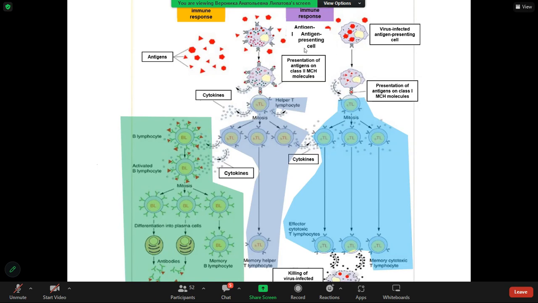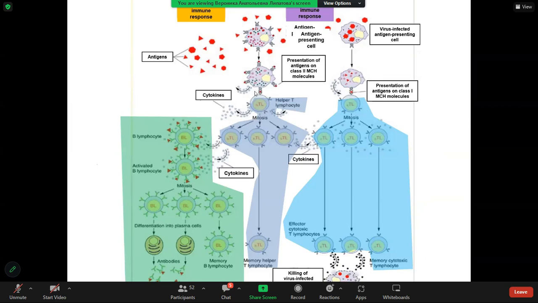Here, antigen presenting cell present their foreign or malignant abnormal antigens to T helper cell.